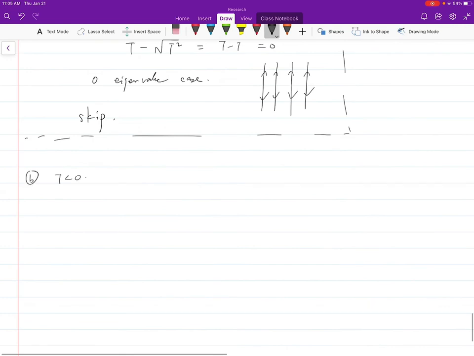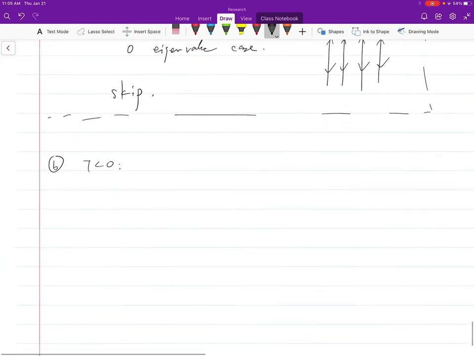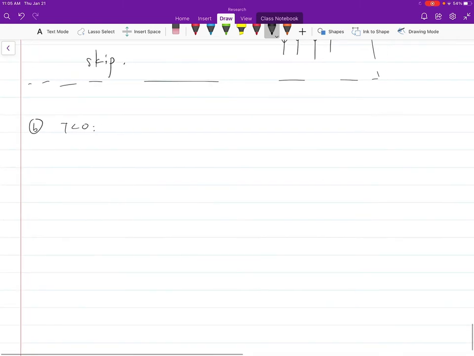Case 2, t is less than 0. We'll repeat the same analysis. We have lambda equals t plus and t minus.